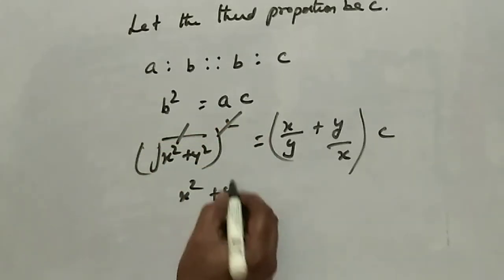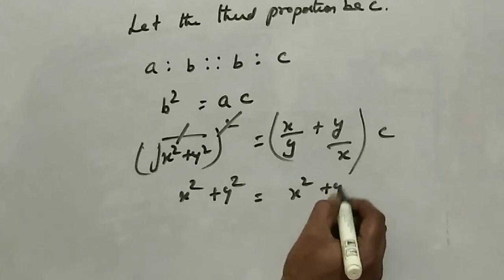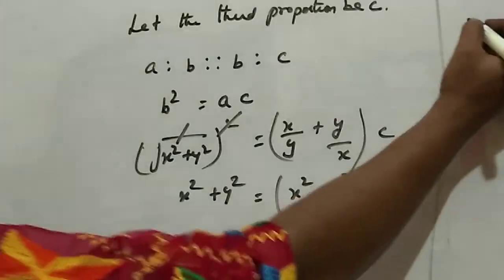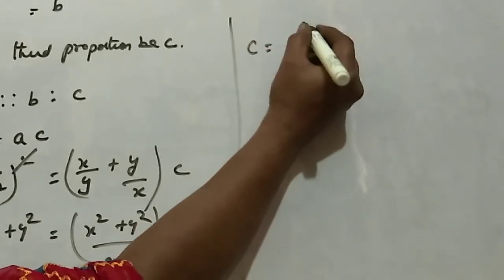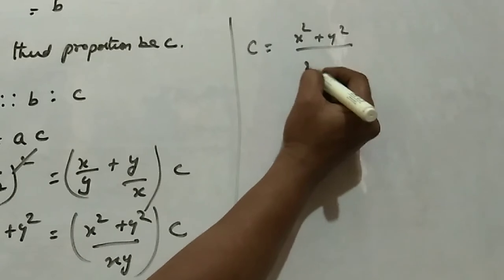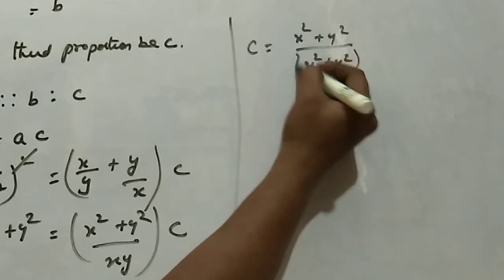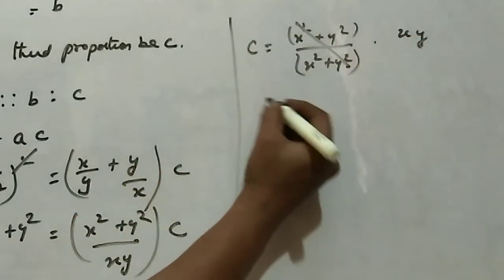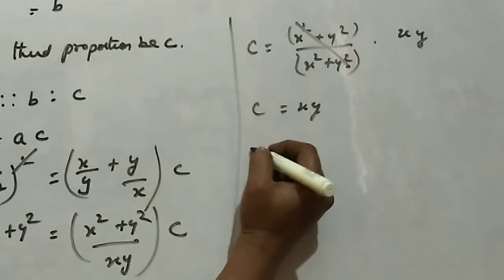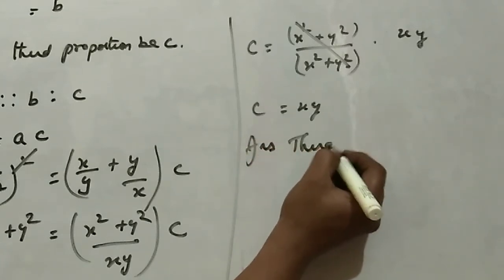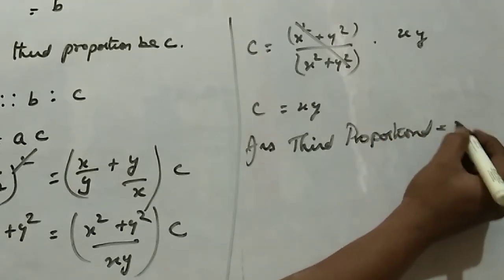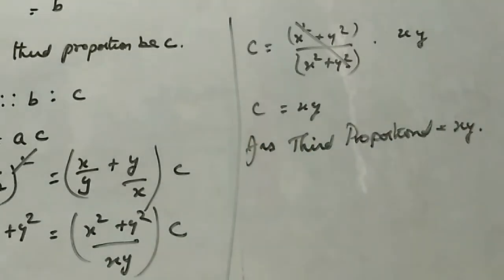So x square plus y square equals x square plus y square upon xy into C. Then C is equal to x square plus y square upon x square plus y square into xy, cross multiply. So these get cancelled. C is equal to xy. Then the answer: third proportional is equal to xy. Clear?